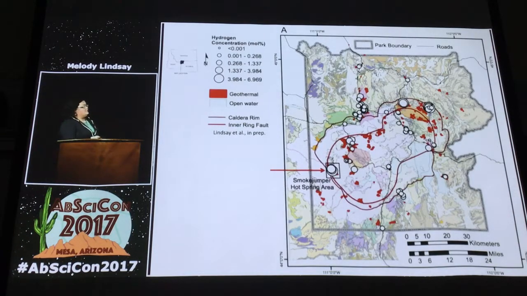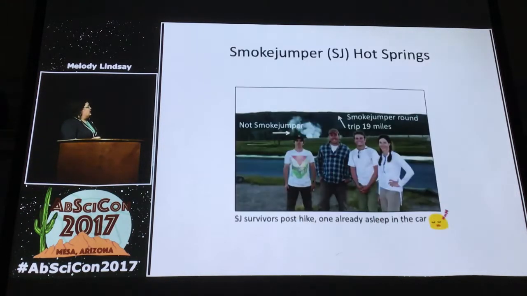And so the Smoke Jumper hot spring area is located here, so one of those high hydrogen areas, and it's located on the edge of the caldera in that inner ring fracture zone, with highly reactive rocks. And I would like to thank my collaborators for making the trip up to Smoke Jumper, hiking up the caldera, to get these samples.